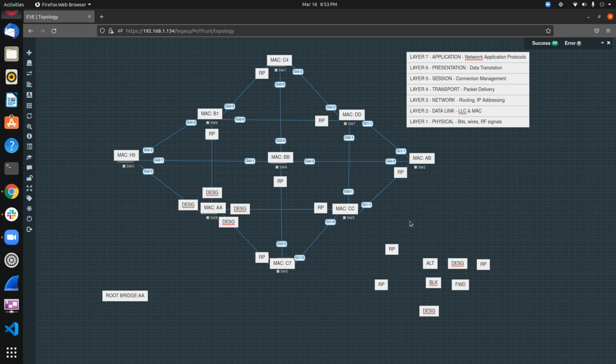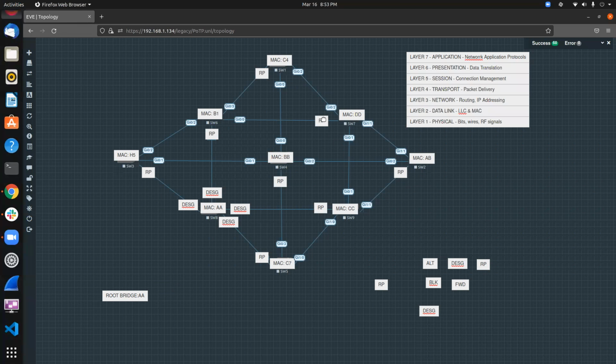What cost is that? The cost is 4 because it's gig speed. And if I was to go the other way, it'd be more costly. Okay, cool.